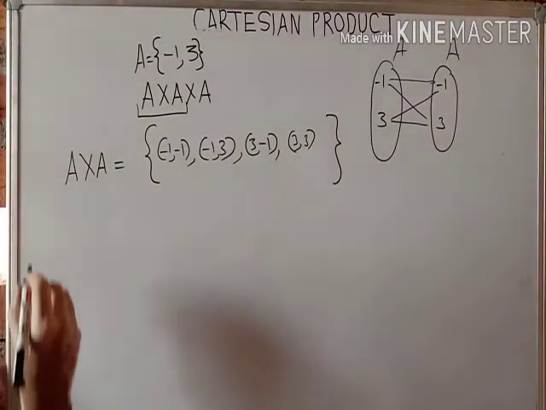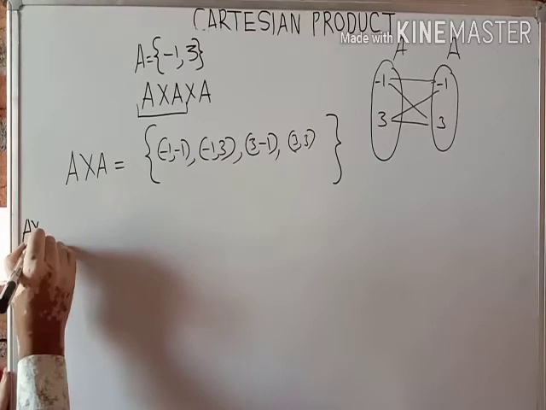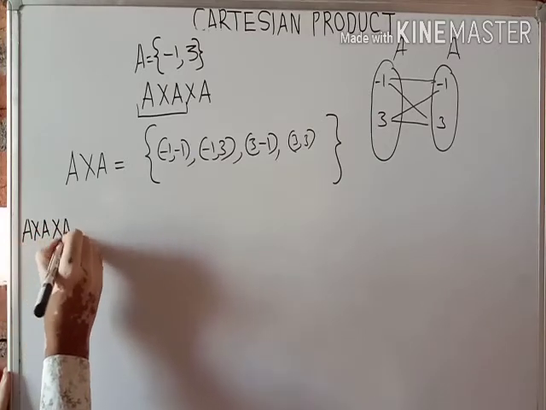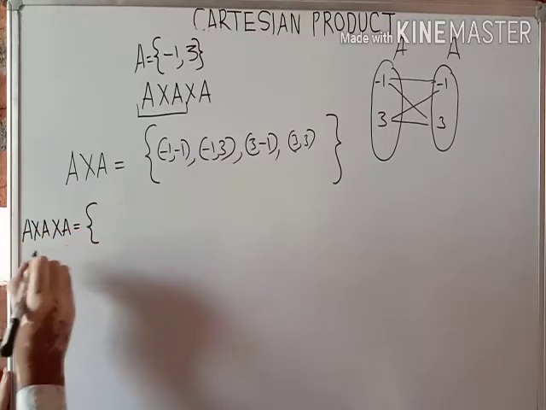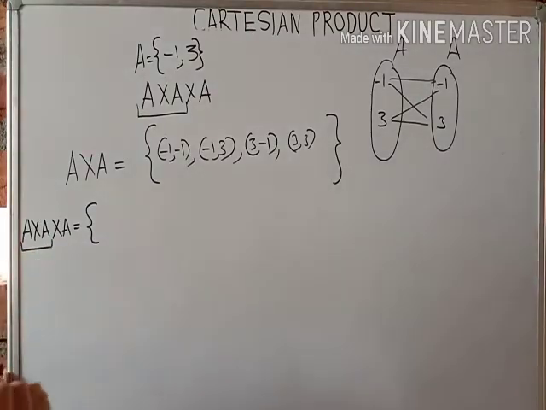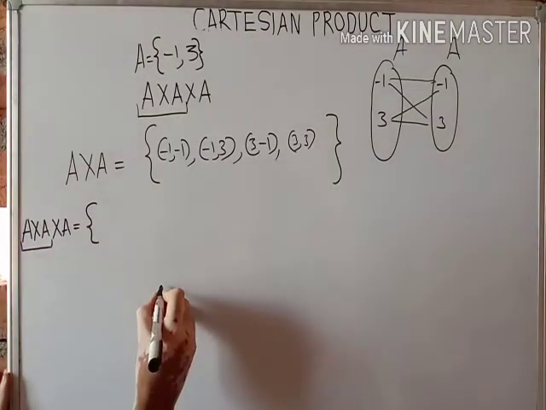Now let us take A cross A cross A, and we have already done A cross A. So let us do this Cartesian product with the help of a diagram.